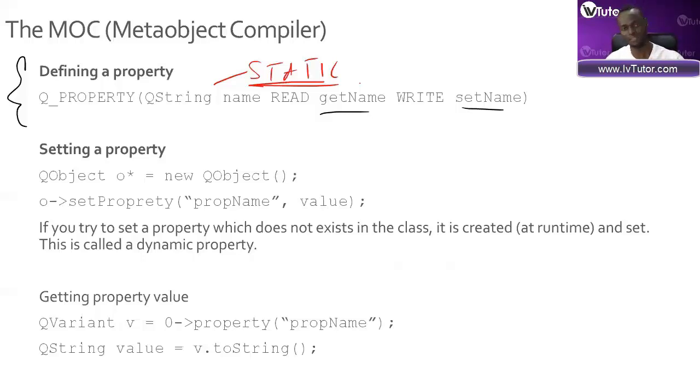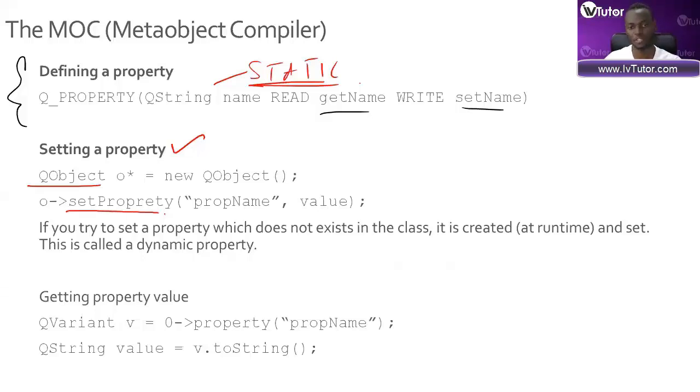Once you have defined a property within a class, how then do you use a property to set the value of the property or to get the value of a property? To do that, let's say you create an instance of your class, which is a Q object. It could be a direct Q object or a class which is inheriting from a Q object. There are two functions involved. The first function is setProperty, which is how you set the property on your instance.